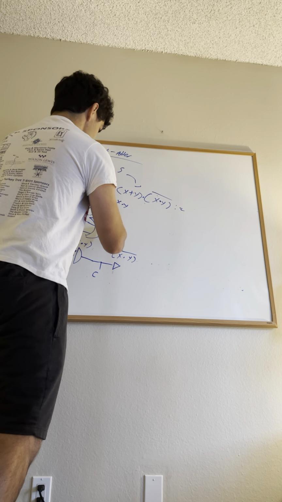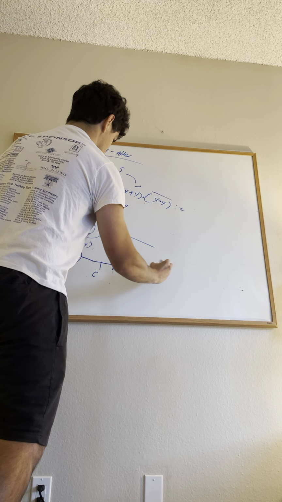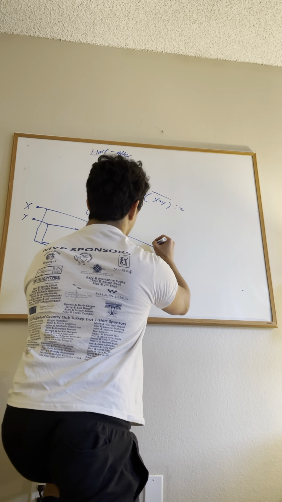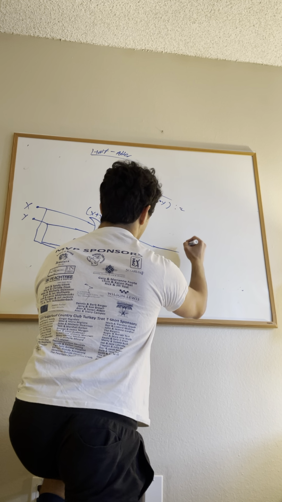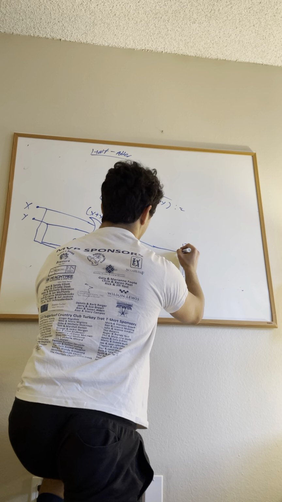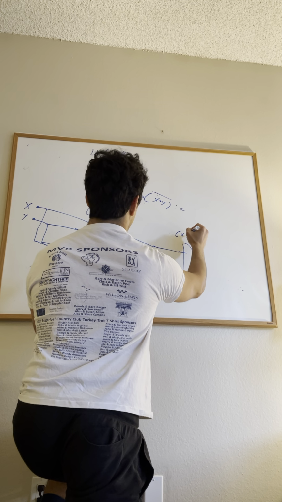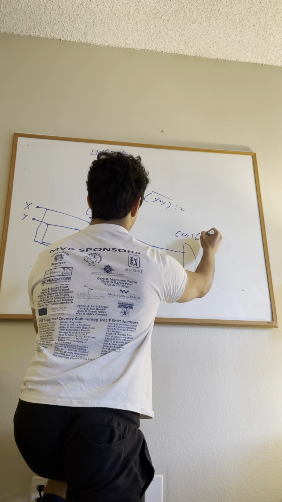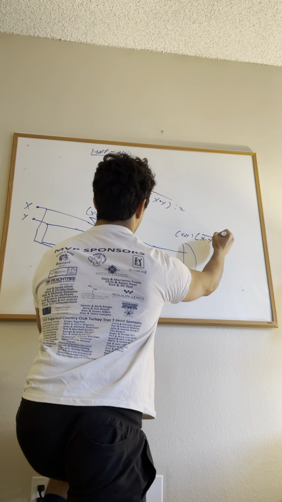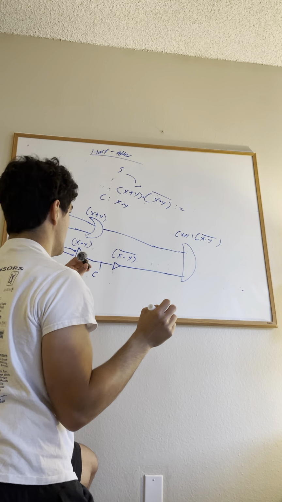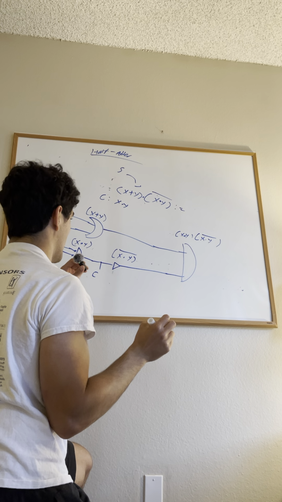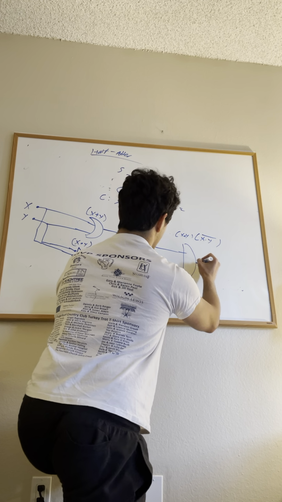So we want to take this and join them into an AND gate down here. So this is going to be x plus y and x times y bar. And then this output is going to be our sum.